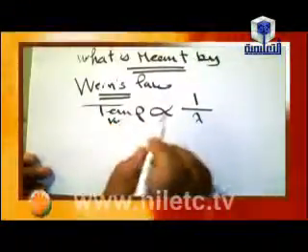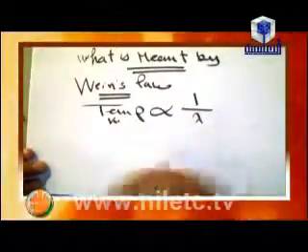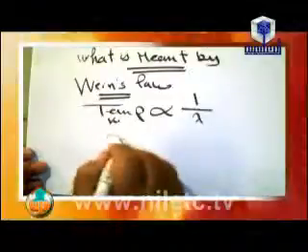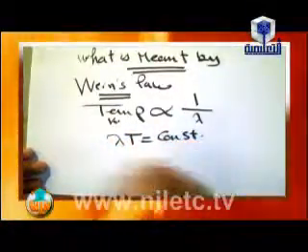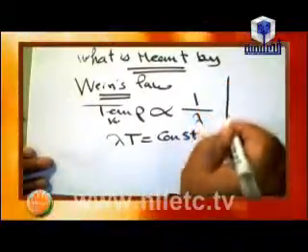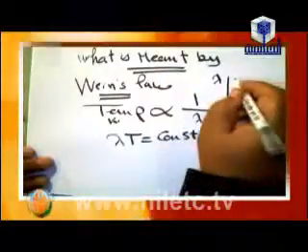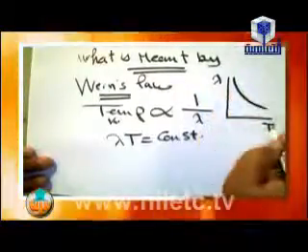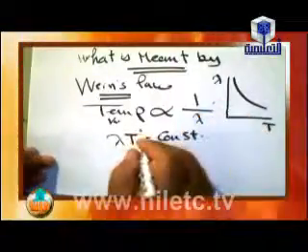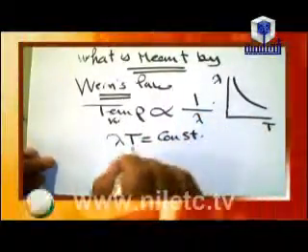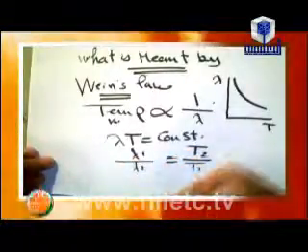So Wien's law states that as the temperature in Kelvin increases, the wavelength decreases. So lambda T equals constant. If we draw a graphical representation between temperature and wavelength, the relation will be inverse proportion. We can write it lambda 1 over lambda 2 equals T2 over T1, with the temperature in Kelvin.